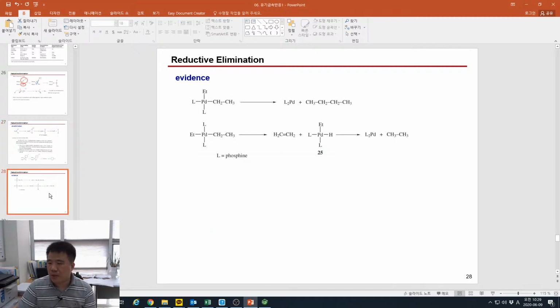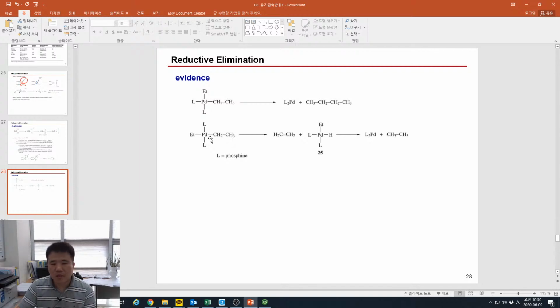Okay, evidence. How about this evidence? If you have this complex and take reductive elimination, in this case butane is generated. It means that a new compound is generated. How about this?